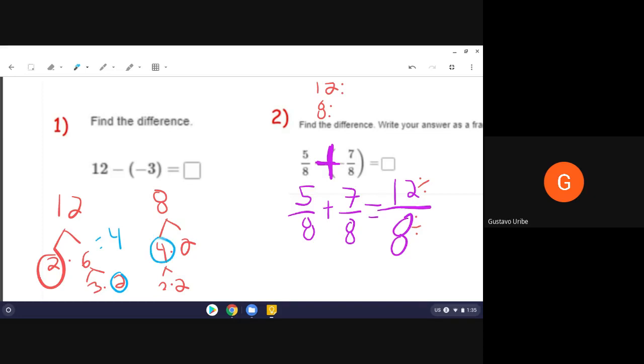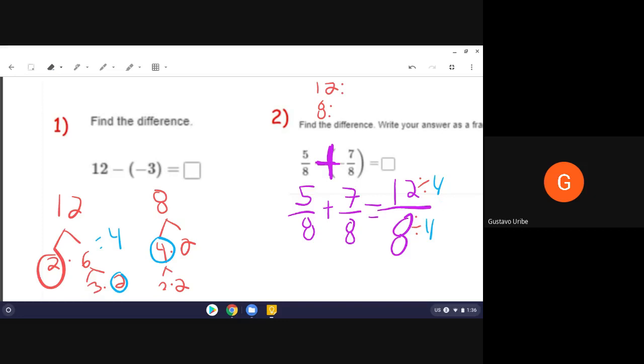And I have a 4 right here. So I could divide the top and bottom by 4. This would give me 12 divided by 4 is 3 over 8 divided by 4 is 2. So my answer would be 3 halves.